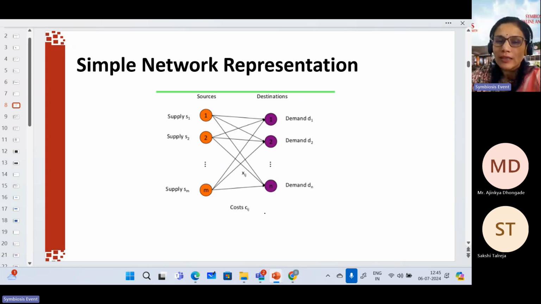For each and every path, there is some cost involved, which we represent with Cij, right? The cost is known to me. Like from source 1 to destination n, let's say the cost involved per unit is 5 rupees. Similarly, from source 2 to destination D1 it is, suppose, 7.